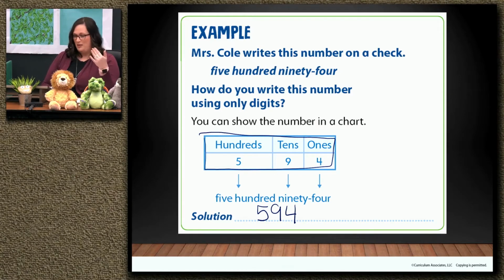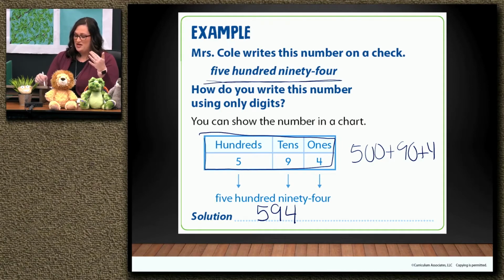If you're doing a problem and they have it in the place value chart and they're asking you to write it in words, you might first write out the expanded form. Likewise, if they're saying, here's the words and you have to write the number, you might put it into the place value chart first so that you can see the number and just write it. That's a good strategy to get to the answer that you're looking for.